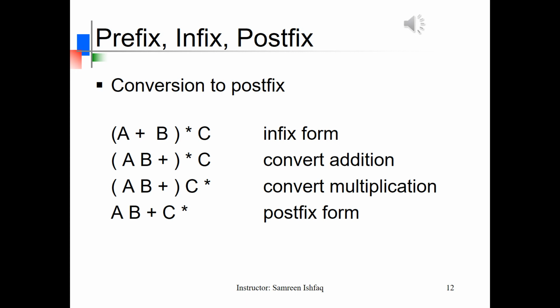But in this example we have brackets, so we have to solve the bracket first. So you notice that the result of both expressions is different. The arrangement of operators will tell us how to evaluate these postfix expressions. So we don't need brackets in the final postfix form.